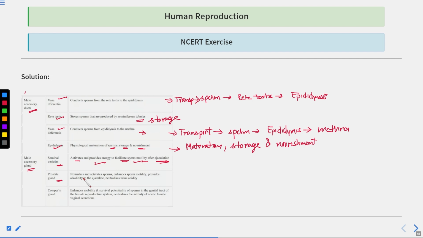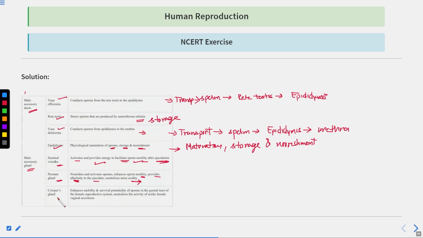Then the prostate gland nourishes and activates the sperm, enhances sperm motility, provides alkalinity to the ejaculate, and neutralizes the urine acidity. Clear? So this alkalinity is very important. It maintains the alkaline conditions of the ejaculate, the semen.